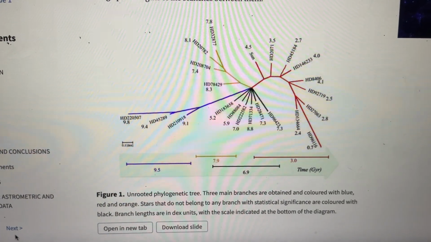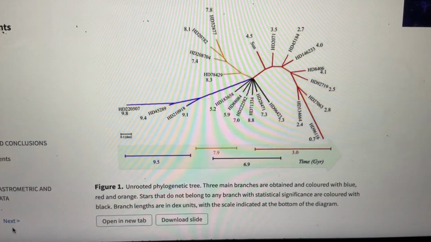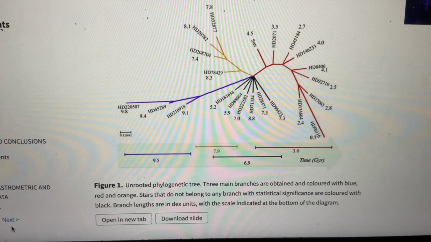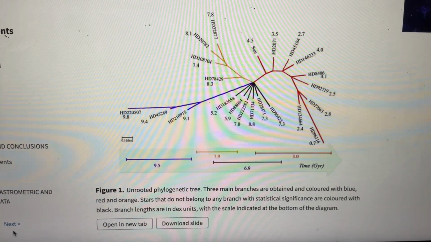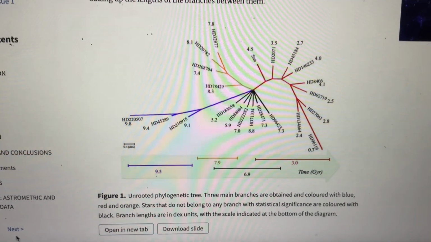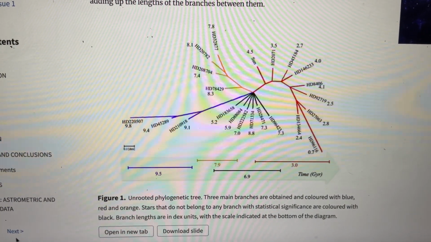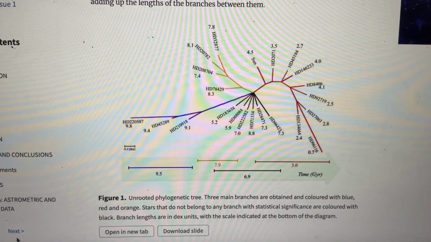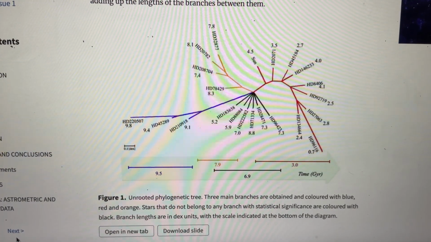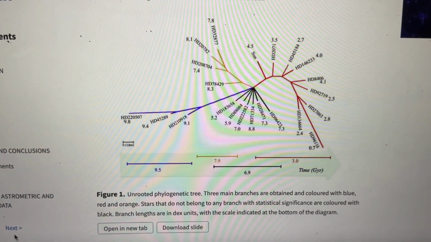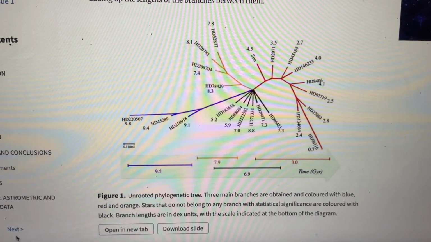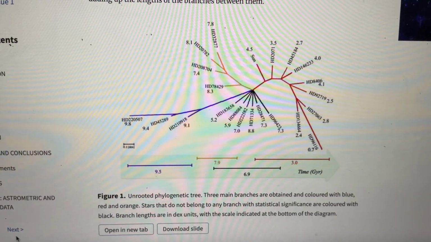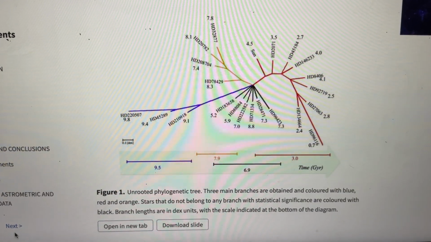in the phylogenetic tree. So we see that there are branches, and the lines that are connecting the stars all have different lengths, which are really important for showing the chemical distance between any two stars, which is determined by adding up the lengths of the branches that are between them.